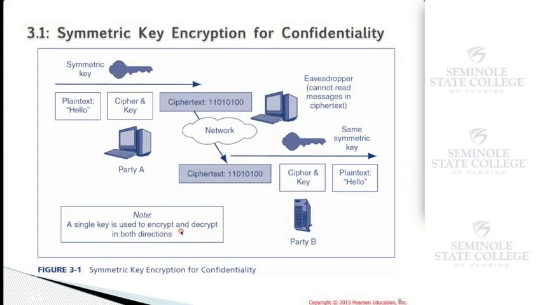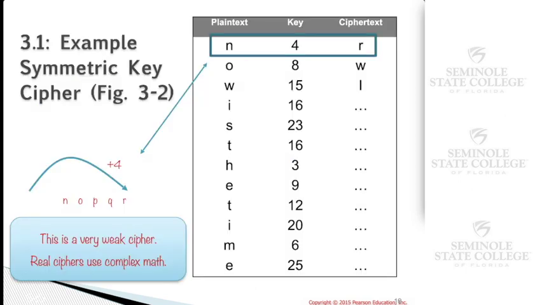All right. So a single key is used to encrypt and decrypt in both directions. The keyword here is single. That's how party A and party B will talk to each other. So here's an example.